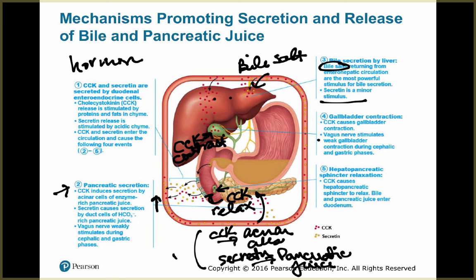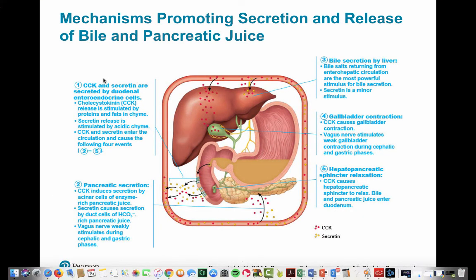So the only time secretin is a really big factor is the very first part, when we're talking about the cells actually secreting it to talk to the pancreas. So secretin's really important in pancreatic juices, and in the rest of the area it's not so much.